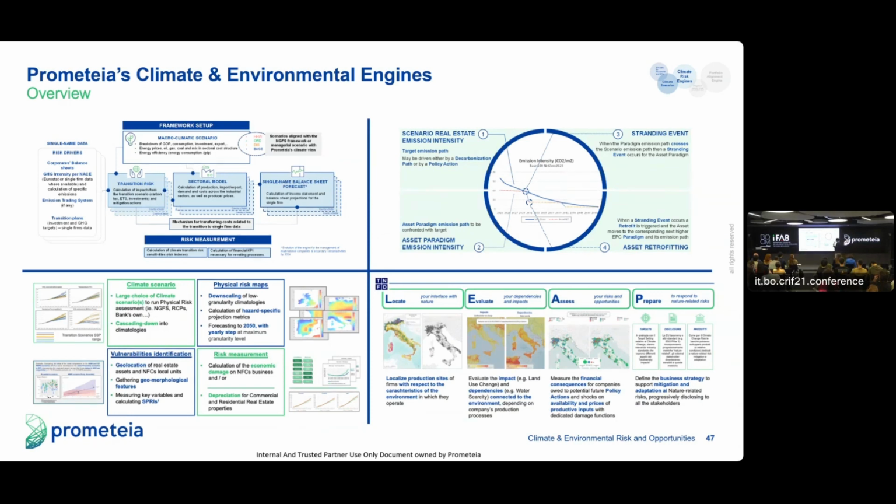The other line instead is connected to the so-known physical risks. Physical risks are the risks connected more to climate change and to extreme events, which could be floods, wildfires, or all these kinds of events.